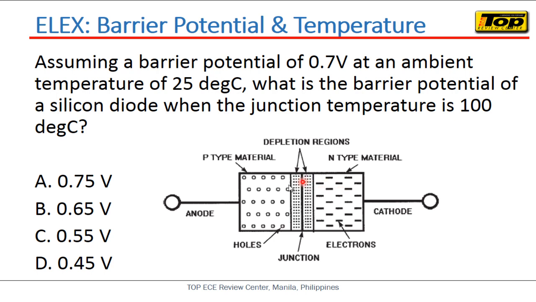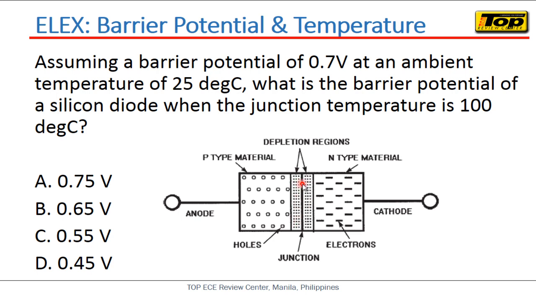Okay? At nung pinagdikit sila, nagkaroon sila of course ng depletion region. Ang depletion region are made up of ions, positive and negative ions. So in this case, makikita natin dito yung mga negative ions. And in this case, makikita naman natin yung mga positive ions in this part of the depletion region.